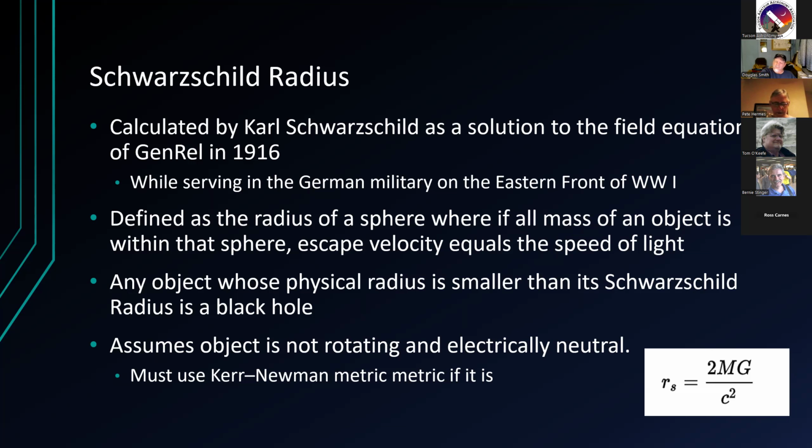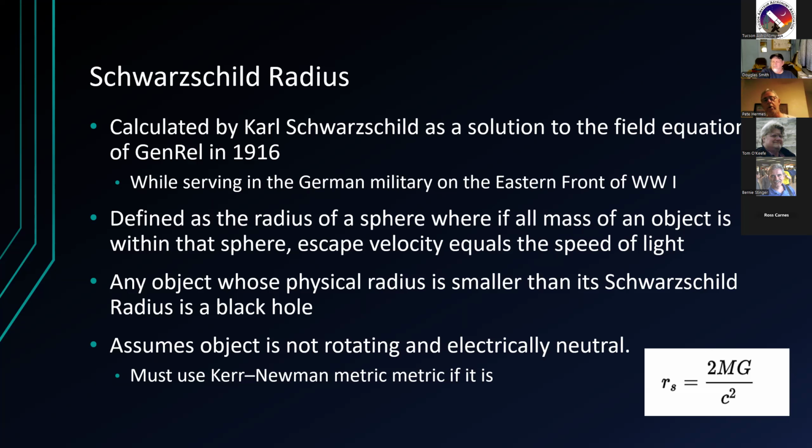So the event horizon itself, like the surface of the Earth, won't maintain a perfect sphere. It'll have a little bit of a bulge to it if it's being influenced by a nearby companion star or a nearby companion black hole. There's another set of equations that you need to use if you want to deal with these objects. We won't get into them, but if you're interested, they're known as the Kerr-Newman metrics.